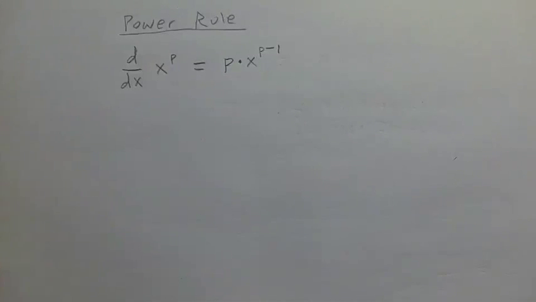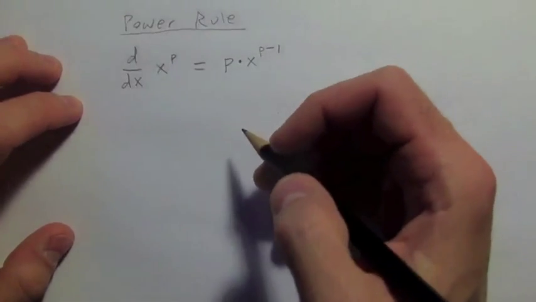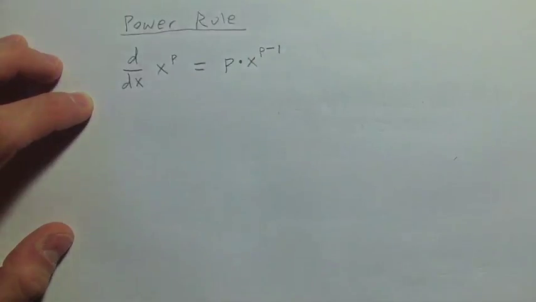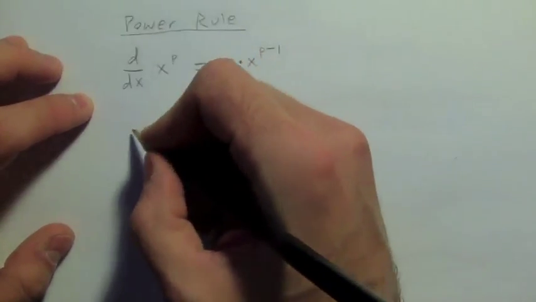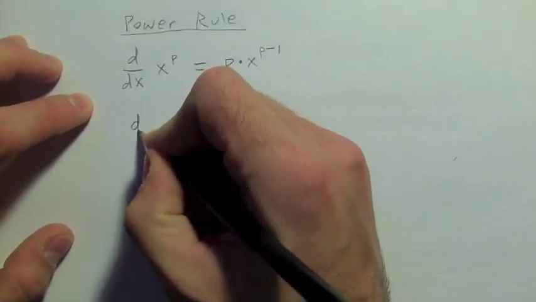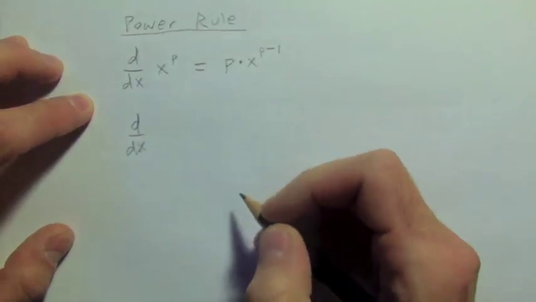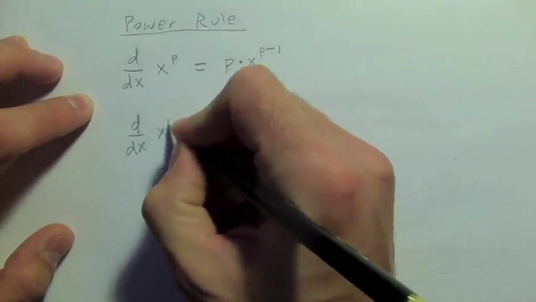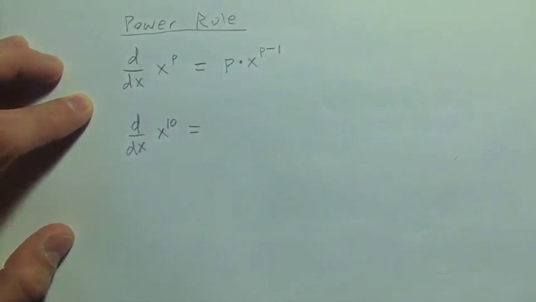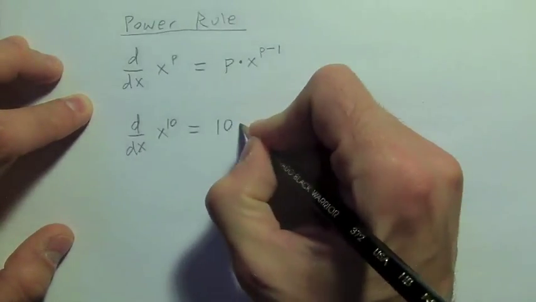It will be a little later before we can show why that is true, but it will work for just about anything. We saw a couple of examples before: if I wanted to take the derivative with respect to x of x to the 10th, I would end up getting 10x to the 9th.